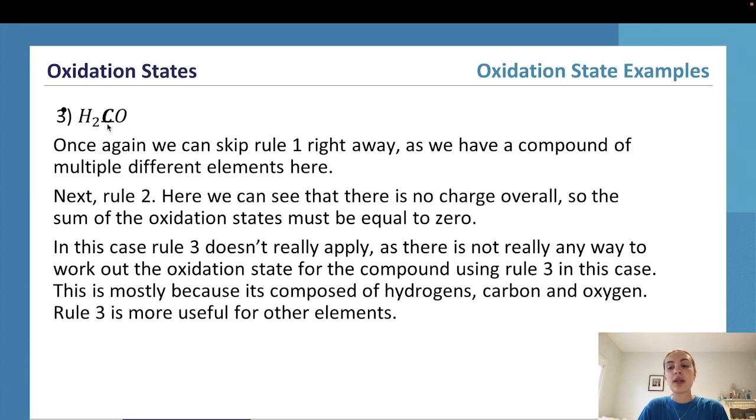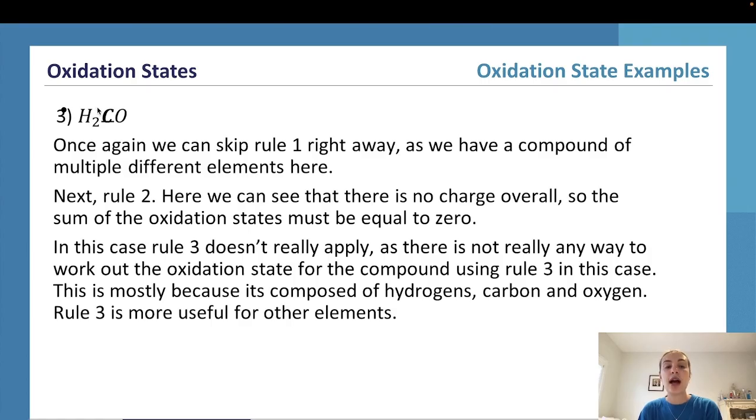So when we're considering this, the carbon's not really participating in the oxidation if this compound were to participate in an oxidation reaction. We'll look into that a bit further in a moment, but essentially we can say that this entire molecule has an oxidation state of 0.